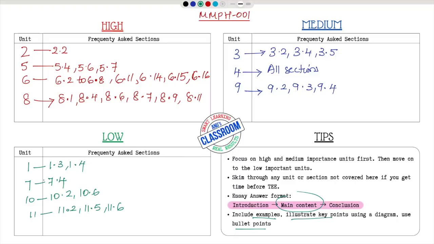So all of these methods, like having a section by section format, or including examples, or illustrating key points using a diagram or bullet points, or summarizing major points using a table, all of these are ways in which you can help the invigilator navigate your answer and thereby ensure that you get the most marks.